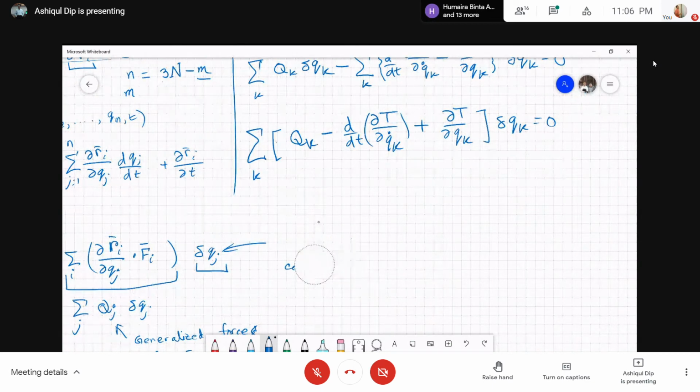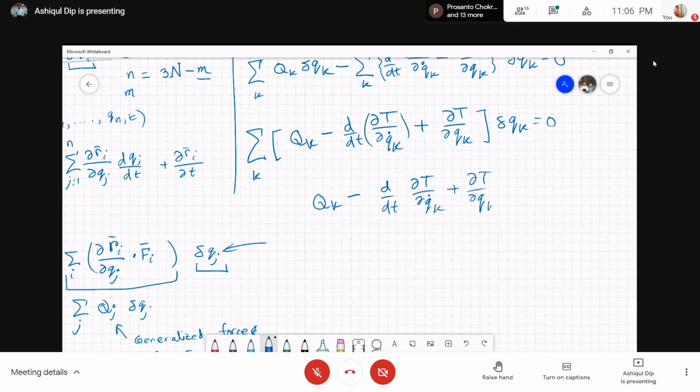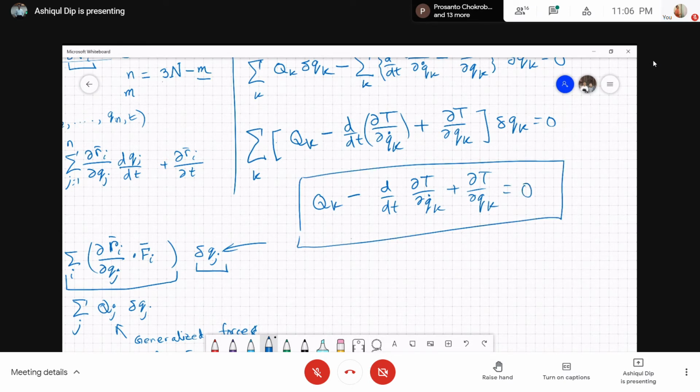That's why we can write Q_k minus d/dt of ∂T/∂q_k dot plus ∂T/∂q_k equals 0. So this is again another formulation of Newton's law. You just take the kinetic energy of the system, take certain derivatives and substitute, and you just need to know the specific generalized force for the system. That's true as well.